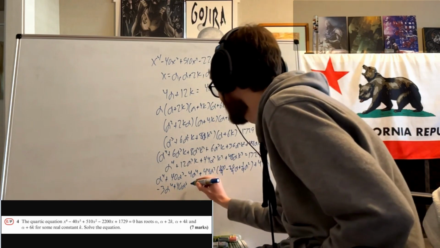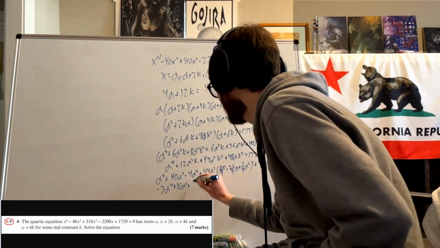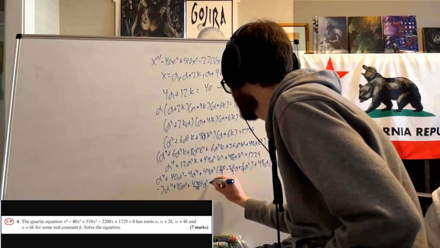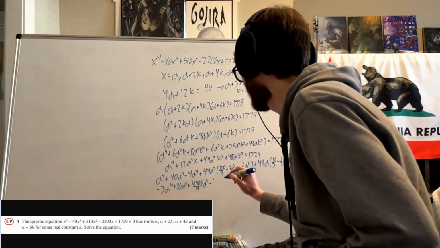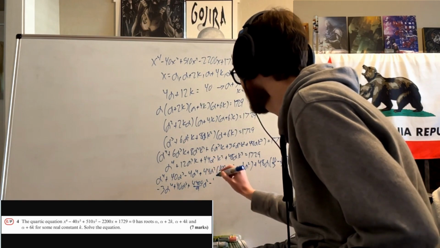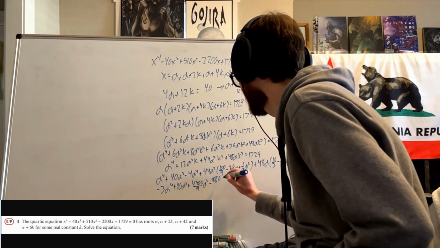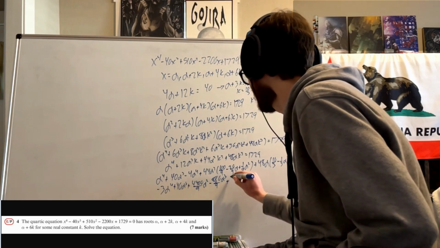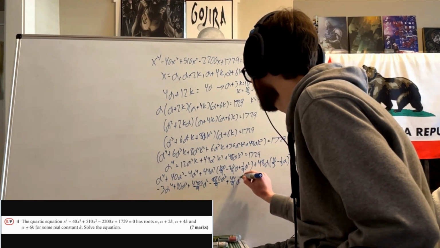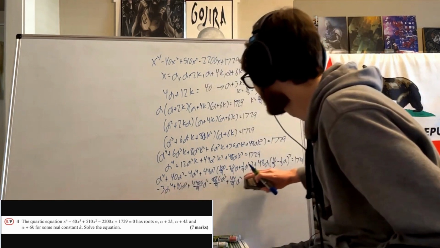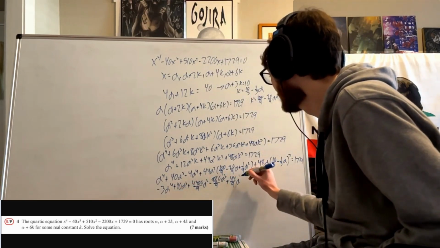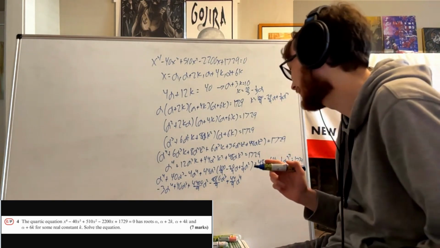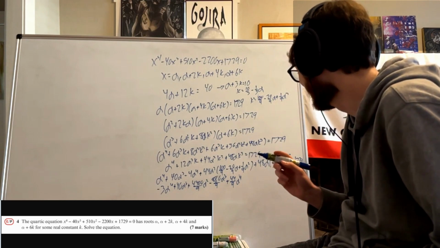Distributing that 44 alpha squared. 400 over 9 alpha squared minus 44 times 20. 88, add a 0. 880 alpha cubed over 9 plus 44 over 9 alpha squared. Alpha to the 4th. Oh my god. The answer is whole, but the quartic is nasty. Yeah. Okay.